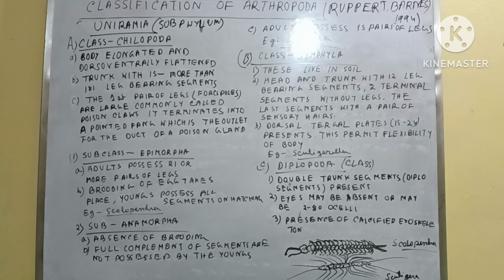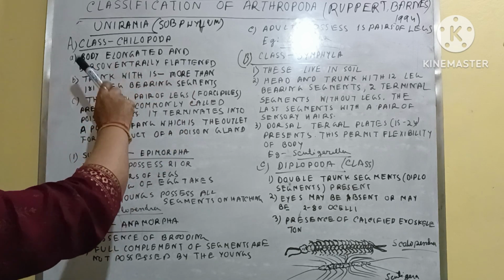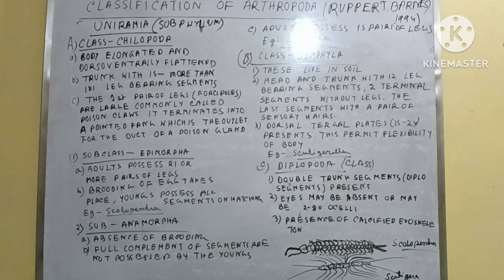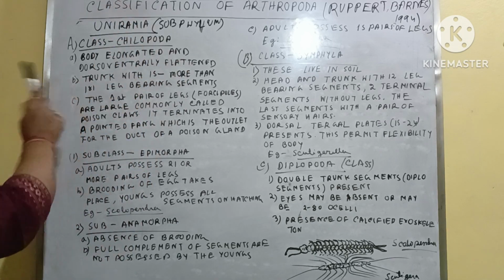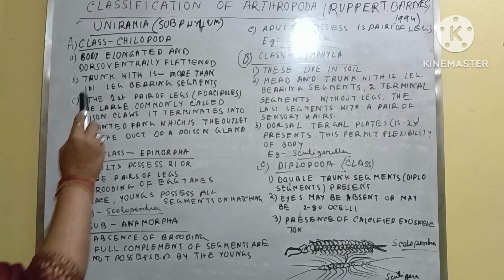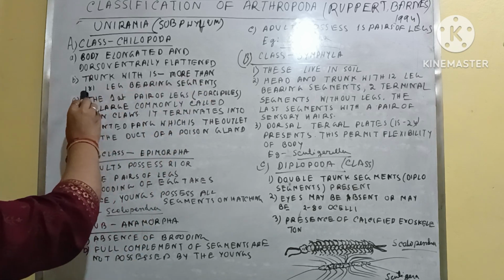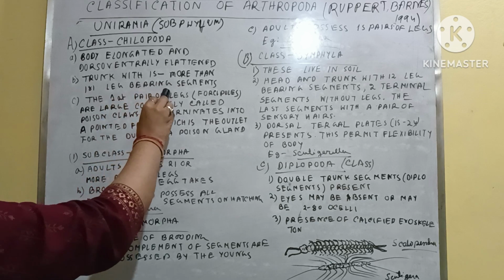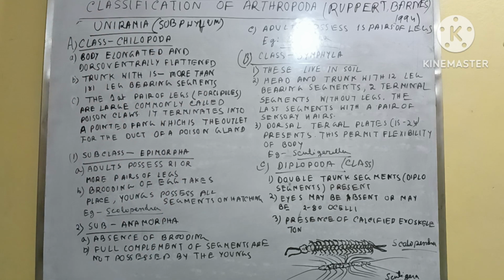Class Chilopoda, what are the features? The body is elongated and dorsoventrally flattened. The second feature is that the trunk has 15 to more than 181 leg-bearing segments. Clear?